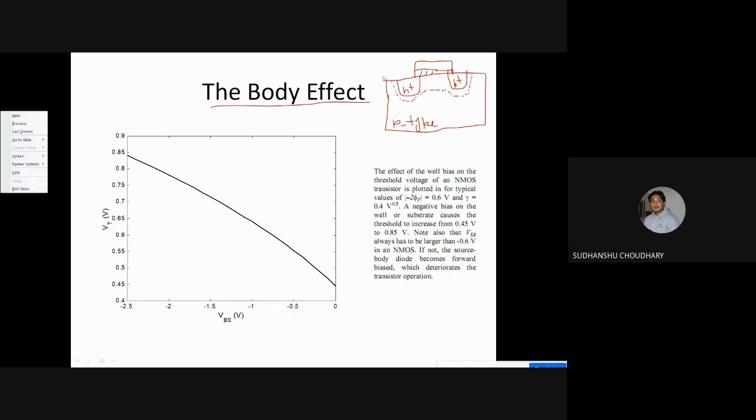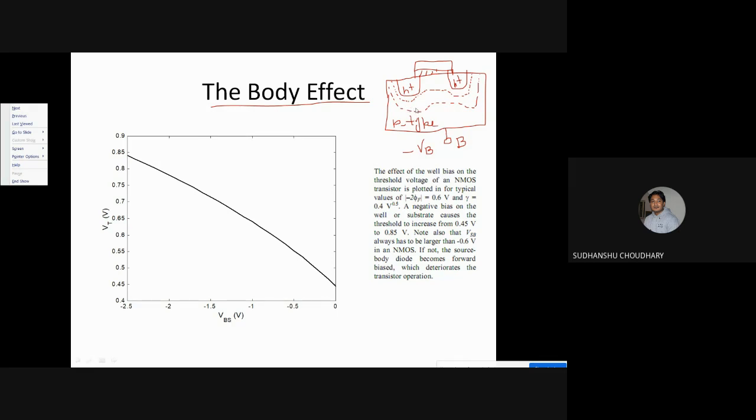So this is my source bulk junction and drain bulk junction, and we said that if you try to increase the reverse bias, which is V minus VB, across this junction, then the depletion region will widen. When the depletion region widens, the charges associated with it also increase.